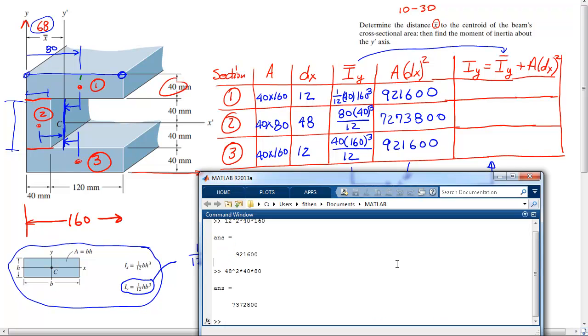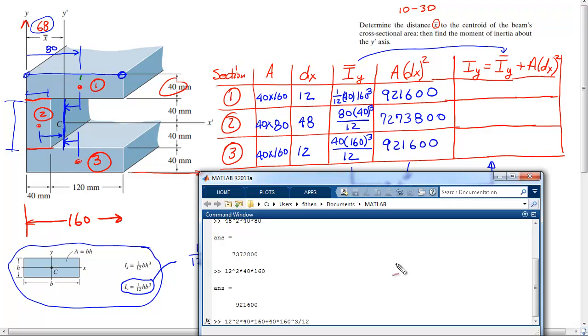All right. I believe that was the first column, plus 40 times 160 brought up to the third power divided by 12. Here's what I'm doing.